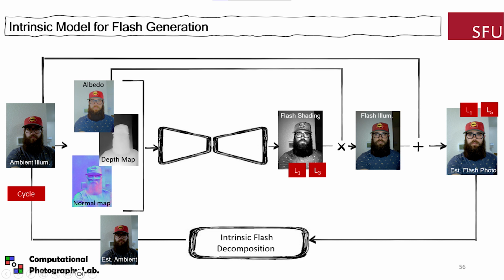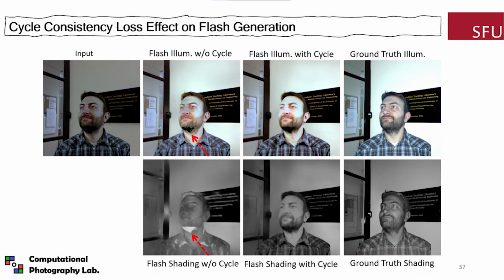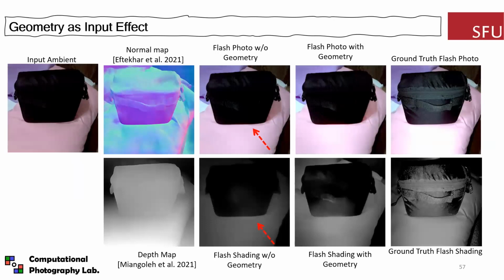Therefore, we first train our decomposition network and then train the generation network. Here we see that the cycle consistency loss makes more stable and realistic results. Also, we get more accurate flash illumination in terms of geometry of the scene by adding normal and depth map as inputs.